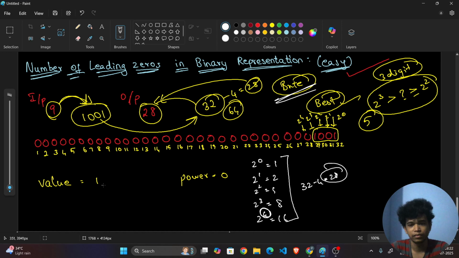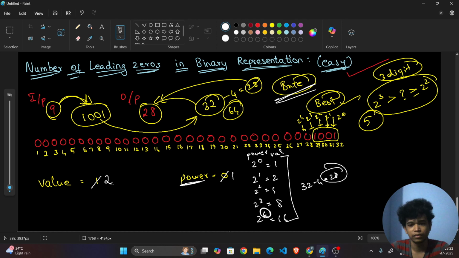Fine. Now, how are we going to implement this? Initially, my value will be 1 and power will be 0. Now I check whether 1 is greater than 9. No. Then I change the value to 2 and power to 1, like 2 power 1 equals 2, or 2 power 0 equals 1.